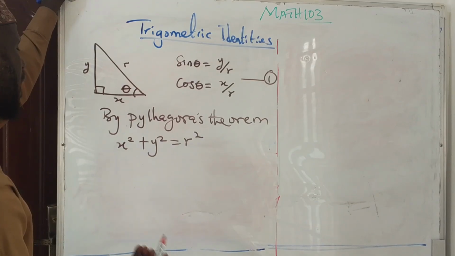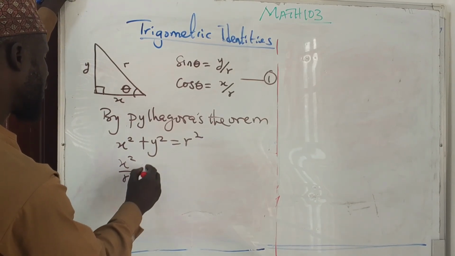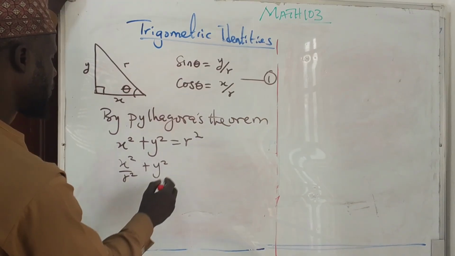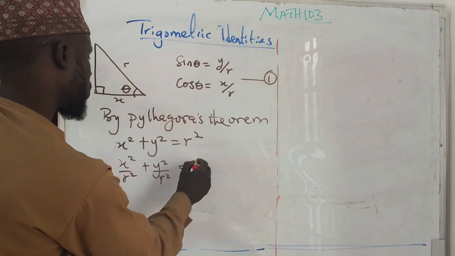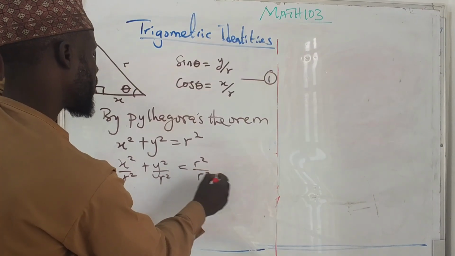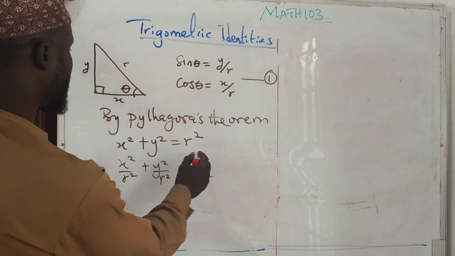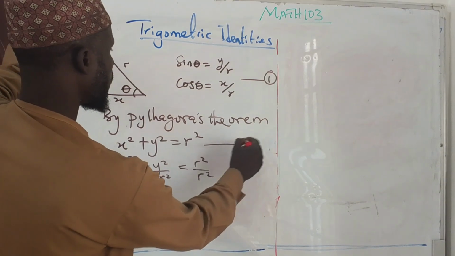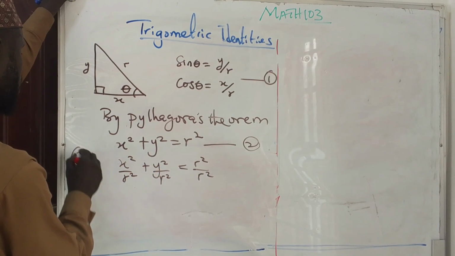So what do we have? We have x squared over r squared plus y squared over r squared equals r squared over r squared. Call this equation 2.